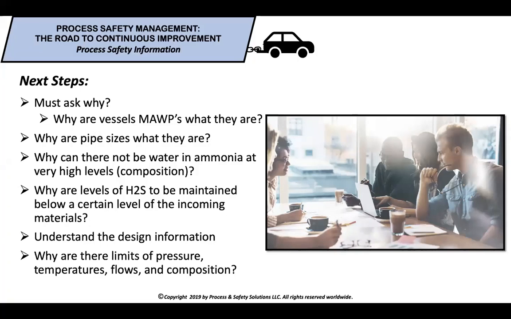If we look back at ammonia refrigeration, and look at all of the charts of vapor, pressure, and temperature, you can see why the MAWP of vessels is 250, because the process itself may not be able to go above, say, 180 or 190. So if you add a safety factor to that maximum upper safe limit, that's how you arrive at the MAWP of your vessels.